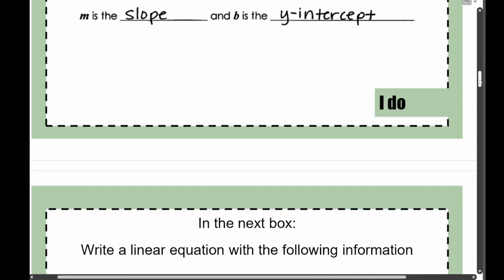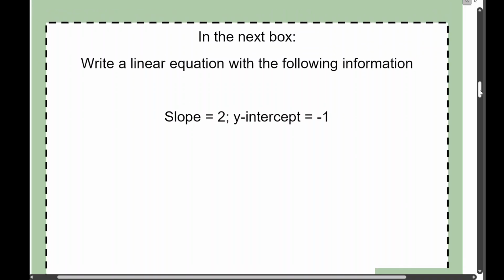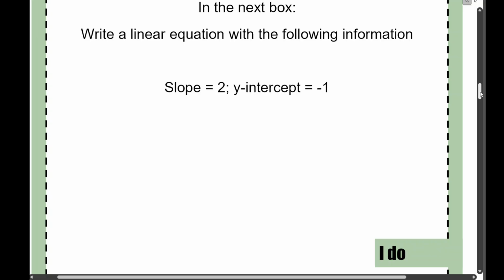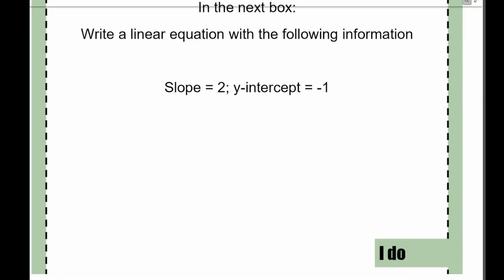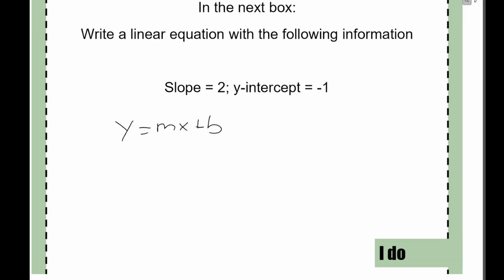So let's talk about writing equations. Write a linear equation with the following information. Slope equals 2, y-intercept equals -1. All right, so if I were to do this, remember we're working with y equals mx plus b.